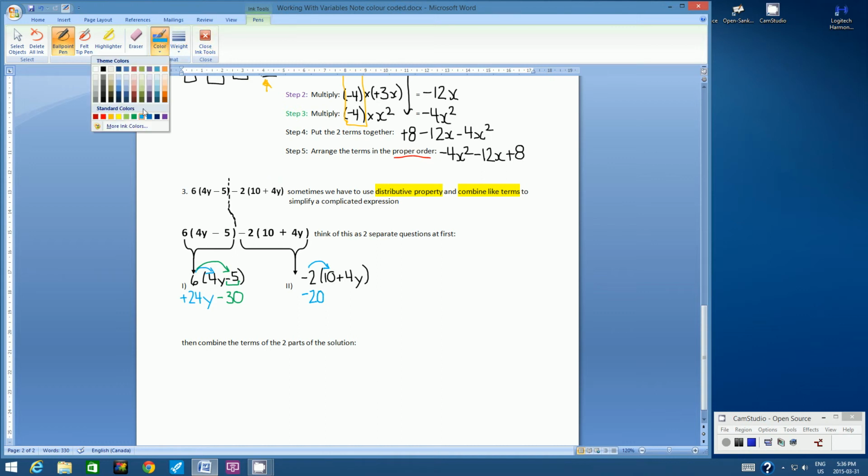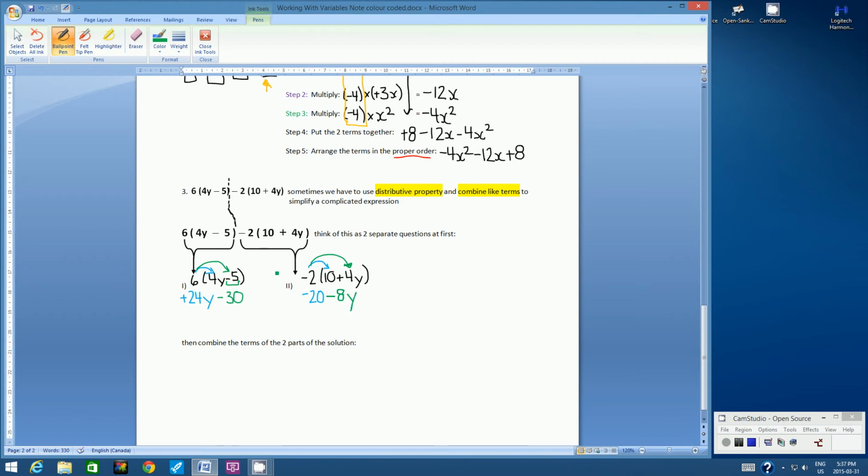Okay, that's the first step. Now let's multiply what's on the outside with the next term, which is positive 4y. So what's negative 2 times positive 4y? Well, let's just look at the numbers first. Negative 2 times positive 4. Negative times a positive is going to be negative. Negative 2 times 4 is 8. And then we'll just put the y here.